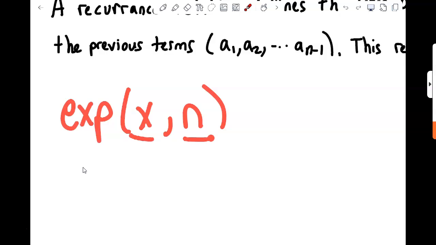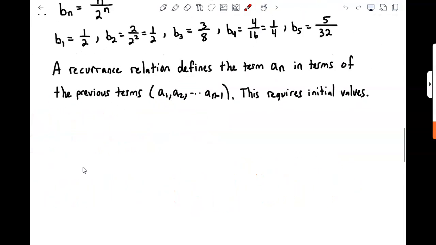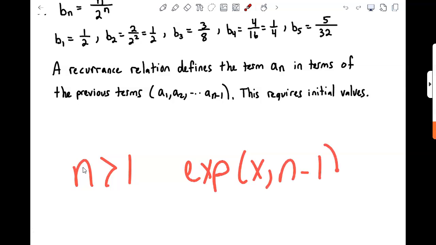So what this would do is it would come in and there would basically be two situations here. We would start off and say, if n is greater than 1, then do exp of x and n minus 1.